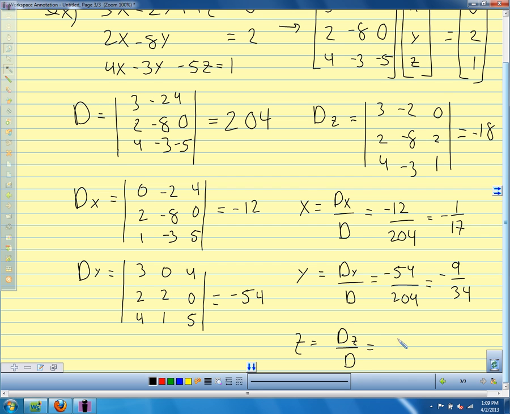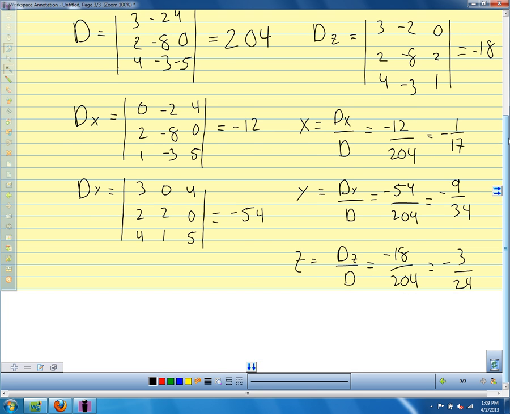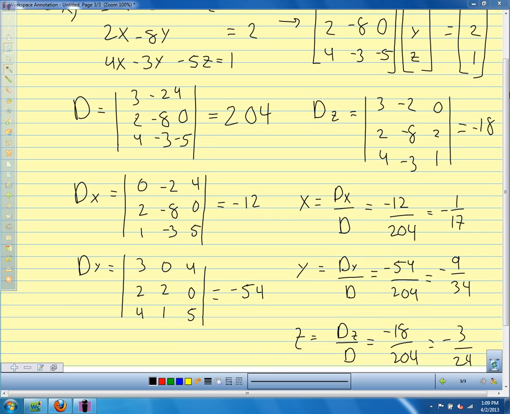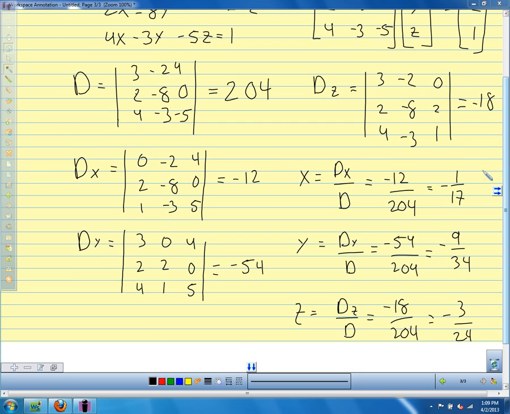Z is d sub z over the determinant. And I get minus 18 over 204, and I can reduce that to minus 3 over 34. And there are my solutions.